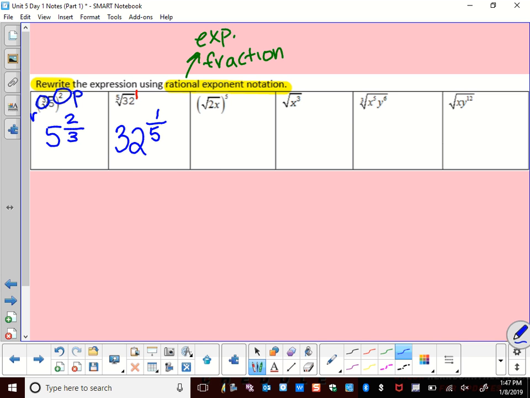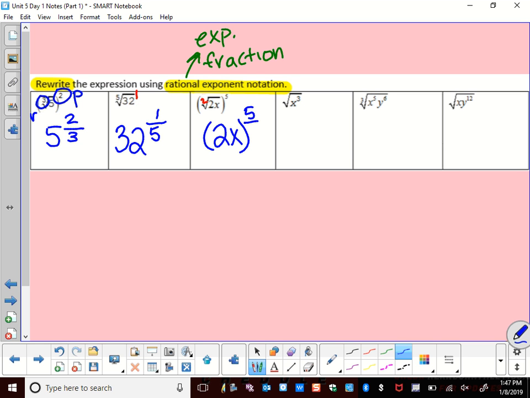The third one's a little difficult, just a little. We have the square root of 2x to the power of 5. It is understood that that is a 2, right? My 2x is in parentheses, so I'm going to keep it that way. What is my power on this 2x? 5.